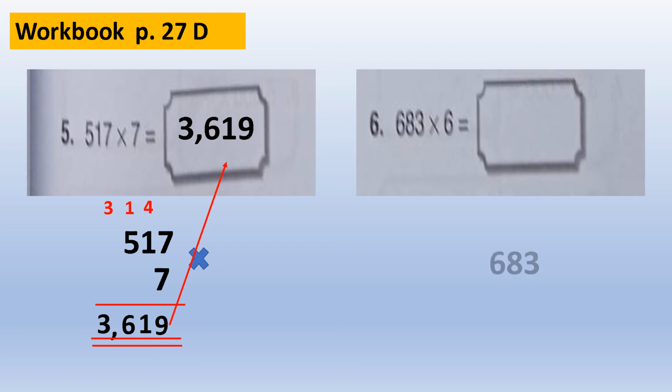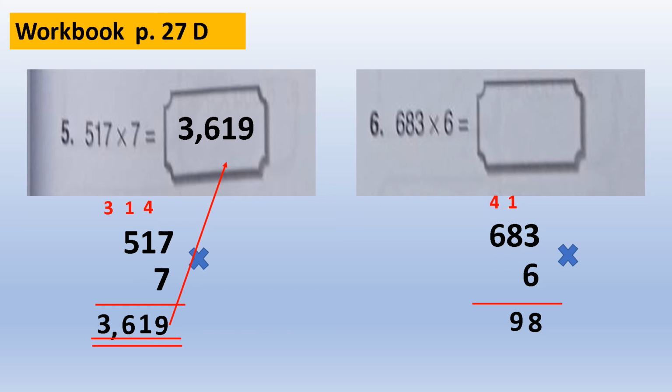683 times 6. Write the numbers vertically first, and then multiply each of the digits of the multiplicand starting from the ones place. So 3 times 6 is 18, but you write only 8, carry over 1. So 8 times 6 is 48 plus 1 is 49, but you write only 9, then you carry over 4 to the next place.